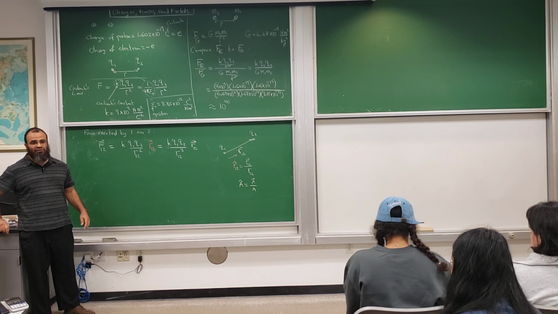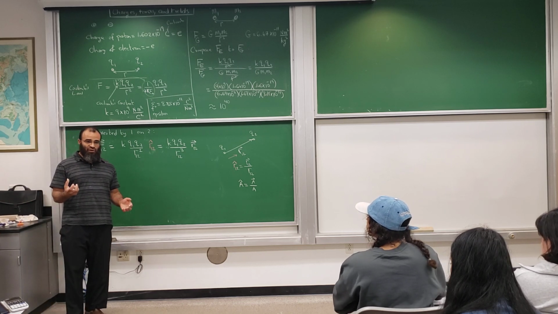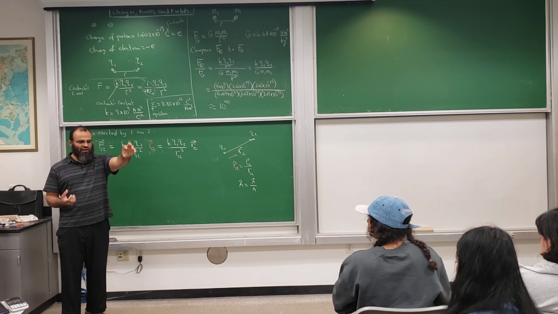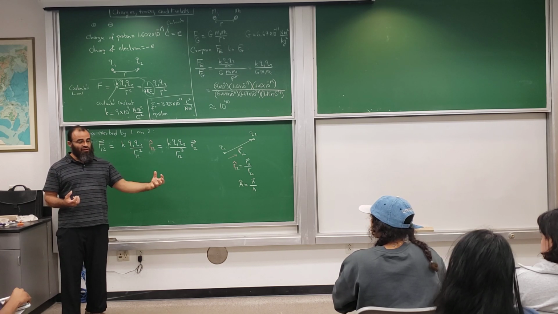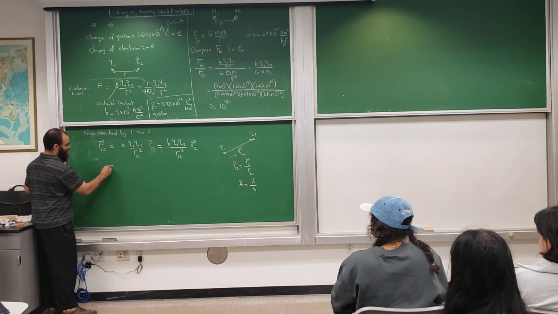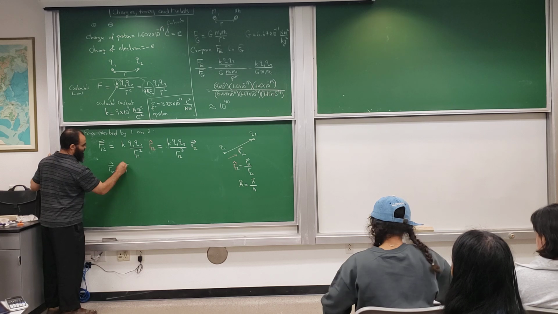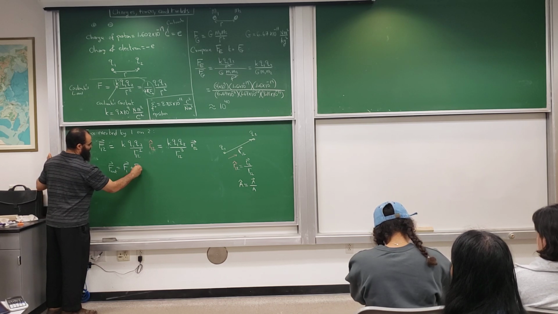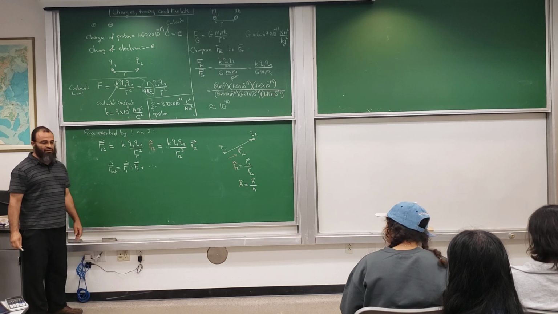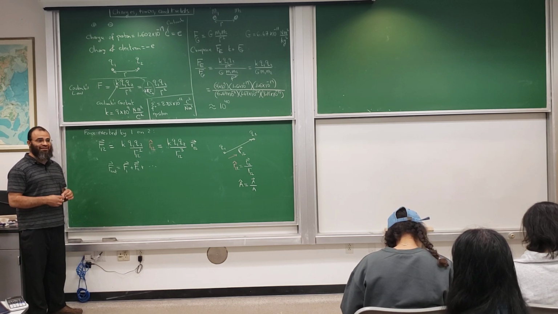That's what the superposition principle says. Basically, the force that charge 1 applies on 6 is not affected by the presence of another charge. Meaning the net force would just be the sum, force 1 plus 2. Seems obvious, but we still have to state it.